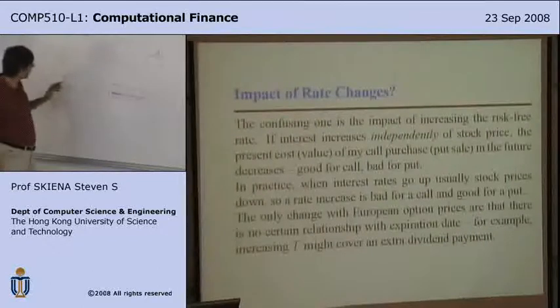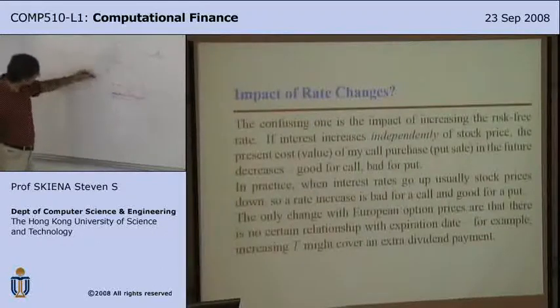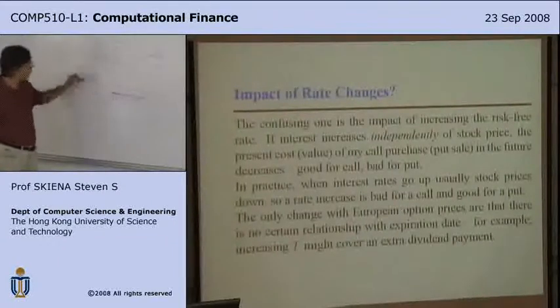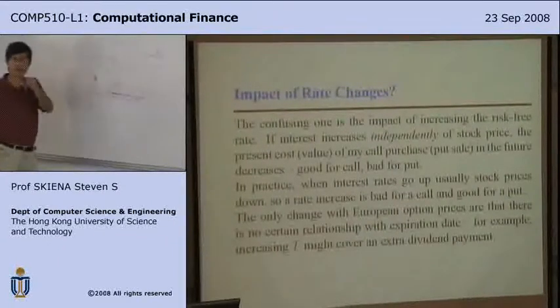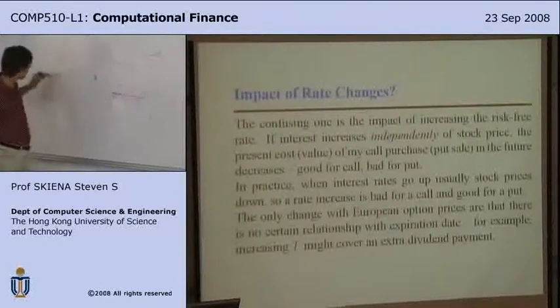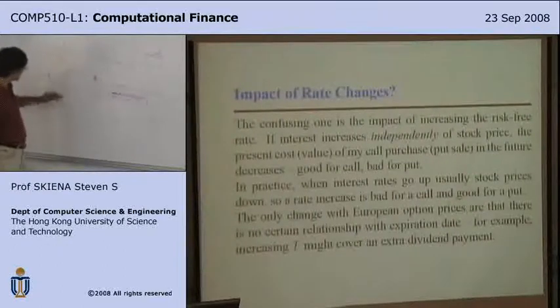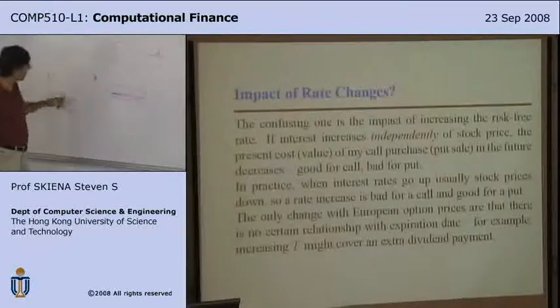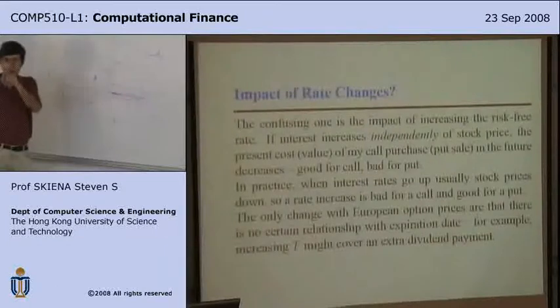And it seemed always a little bit funny. With a European call, I could only buy it at this price on that day, whereas in an American option, I could buy it at this price any time in the intervening time, right?